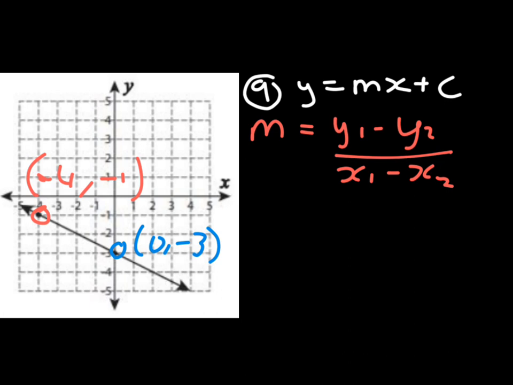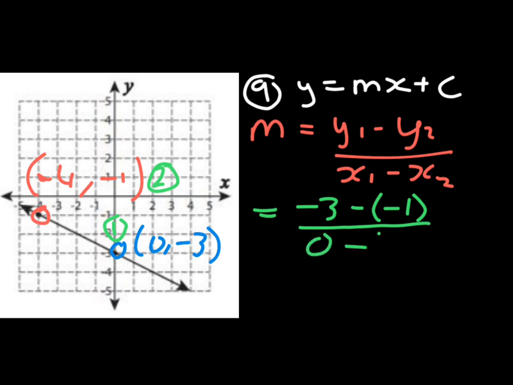Alright, so we can then substitute those points into our function for m, given that this is point 1 and this is point 2. So we say that this equals, now what is y1? Minus 3. y2 is minus 1, minus 1, all over x1 is 0, minus x2 is minus 4.